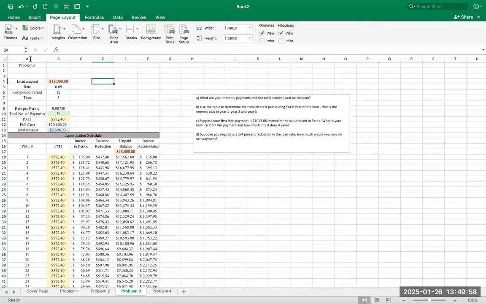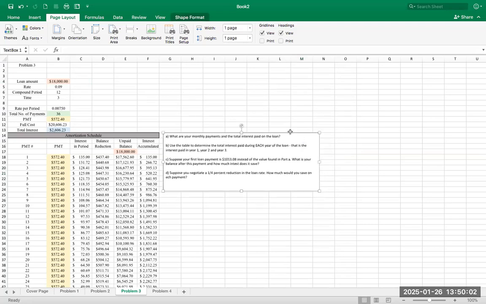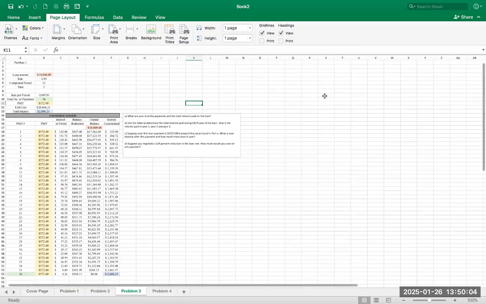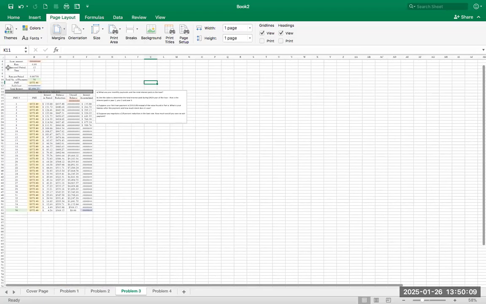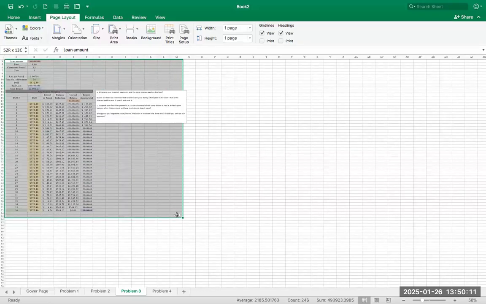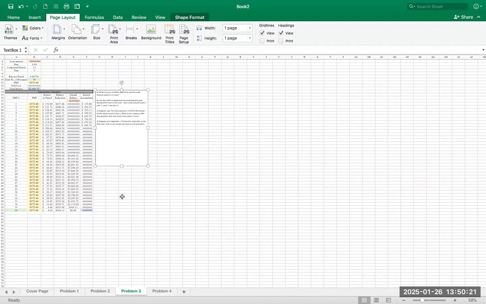This would also be a good place to perhaps do the print area as well. What I mean by that, oops, too much. When I go ahead and highlight the area that I'd like to print, I can go ahead and hit select print area. Now, one thing I might adjust is making this a little bit more narrow.